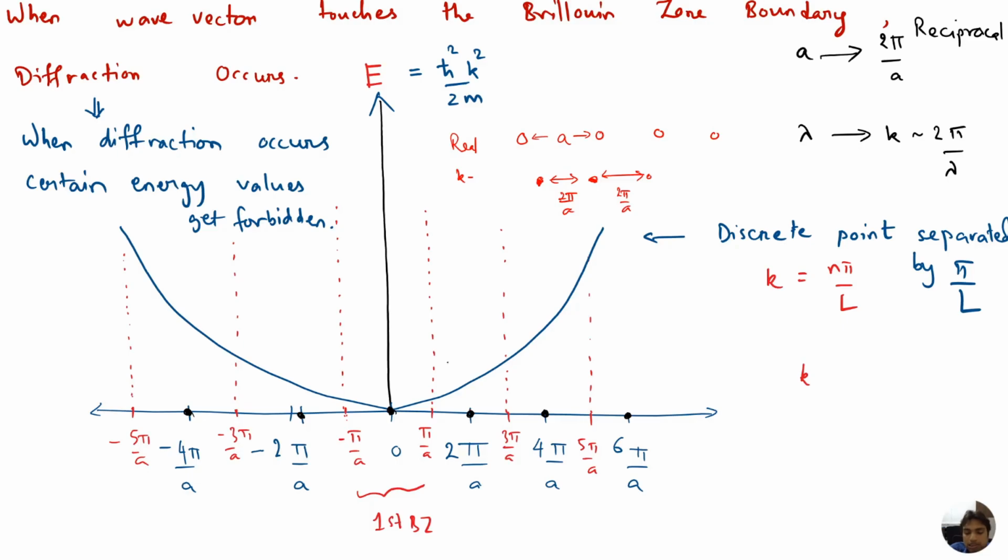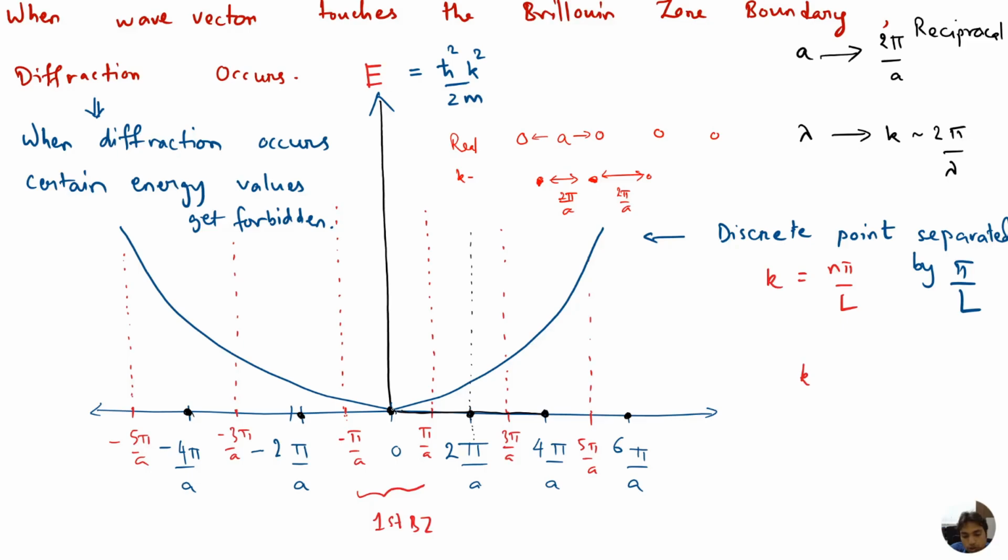Similarly, when you have joined these two points, now if you join this point with this point, 0 to 4 pi by a, then this is another Bragg plane. This is your second Bragg plane, right?